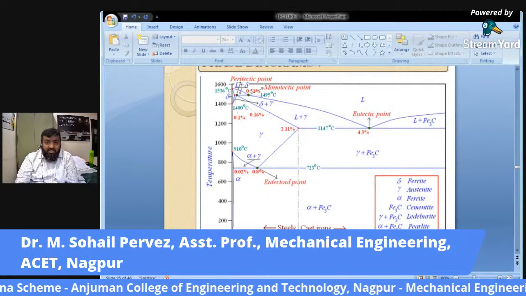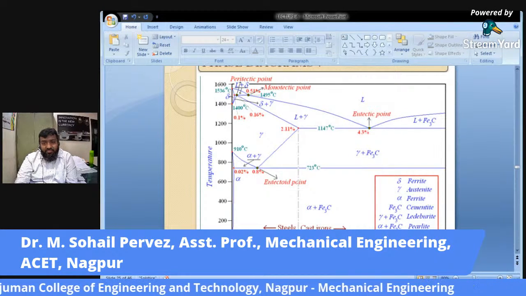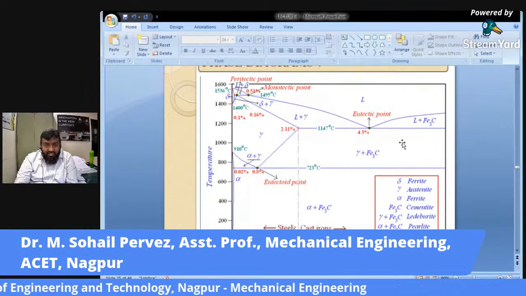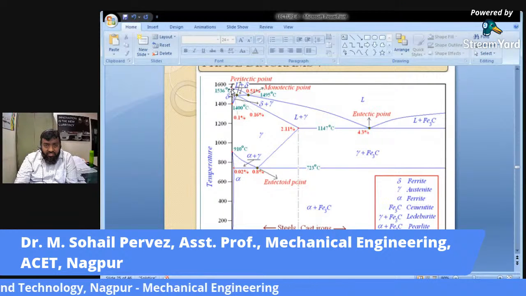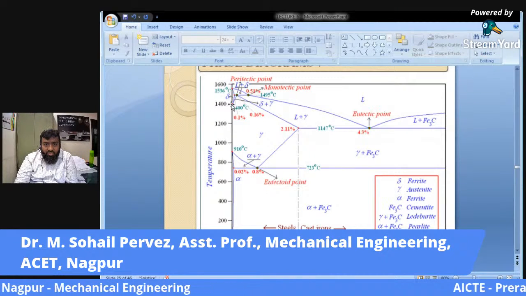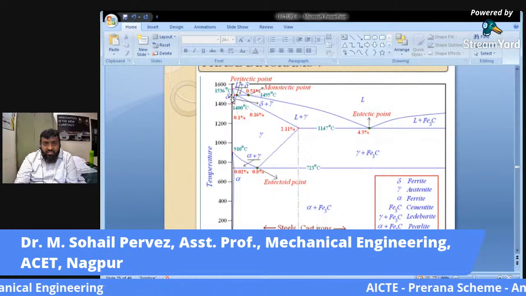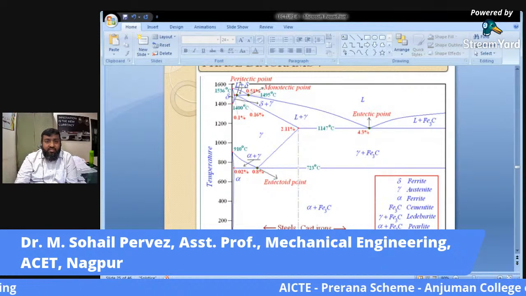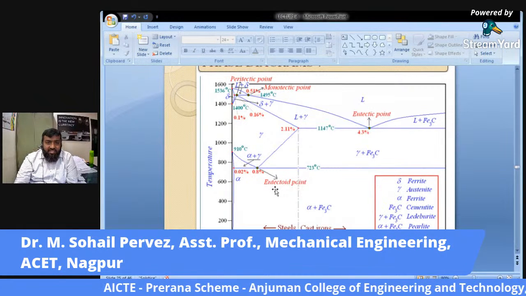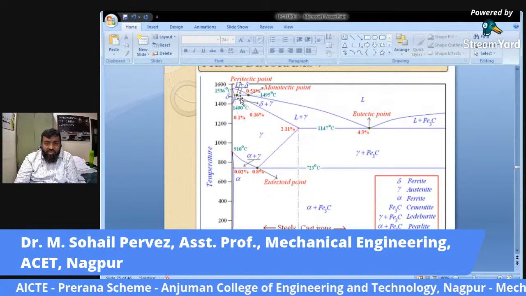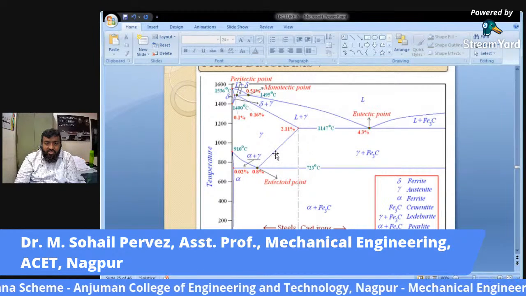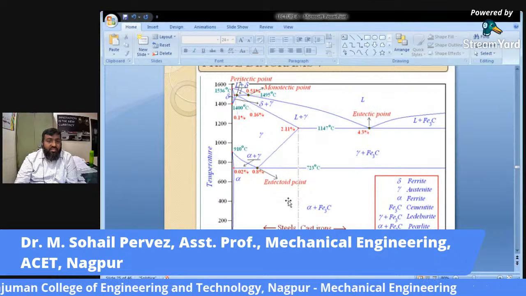So we'll start with the ferrite. Where is that ferrite? This region at 1536, above 1400 to 1536, this region is the ferrite region. Austenite: the portion below this ferrite is the austenitic region.